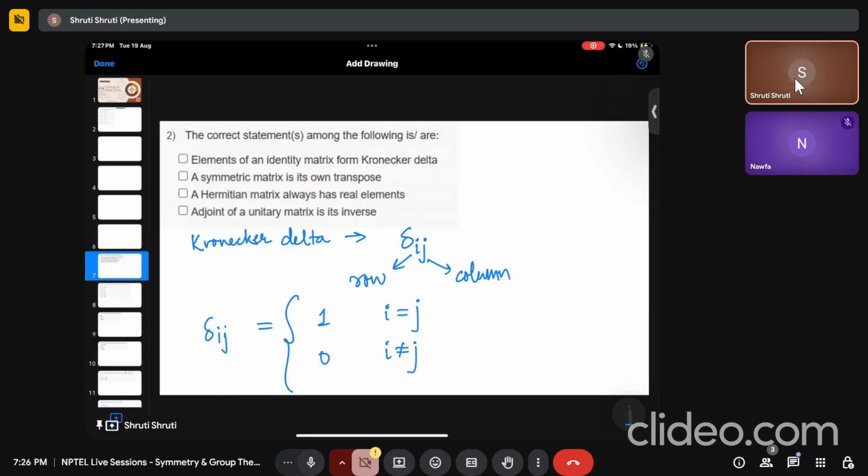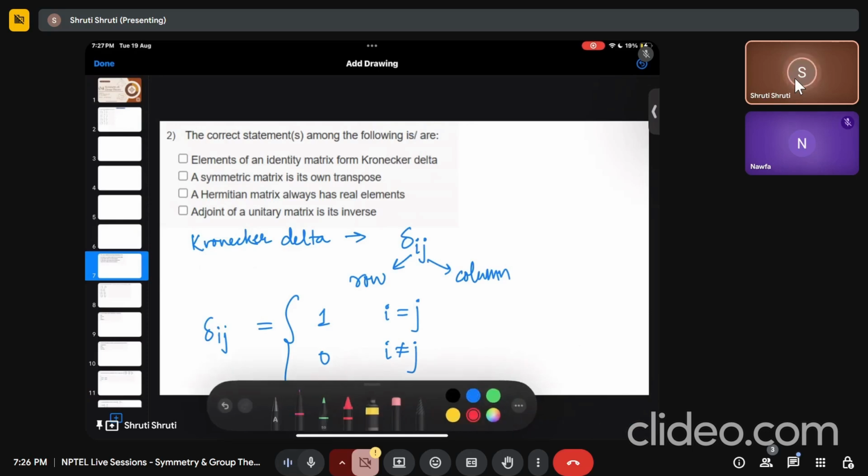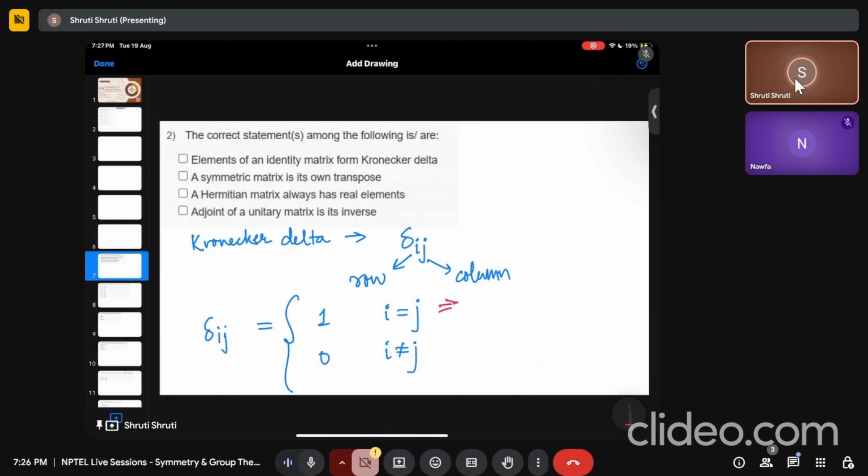So what this means is that these elements are the diagonal elements, the principal diagonal elements.